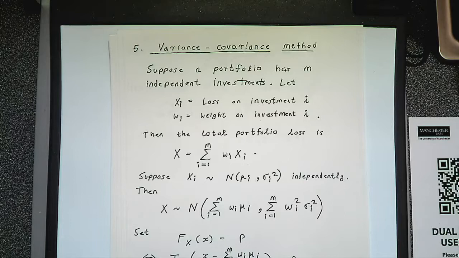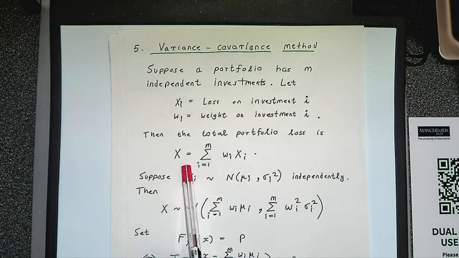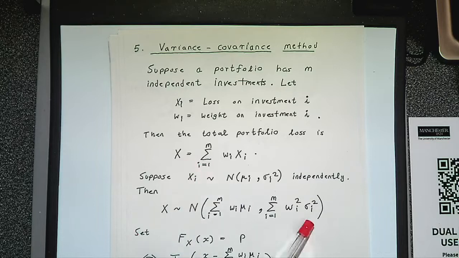There are M investments. Now if we assume that the Xi are normally distributed and independent, then you should know from stat methods that the distribution of X will be this, with this being the mean and this being the variance.